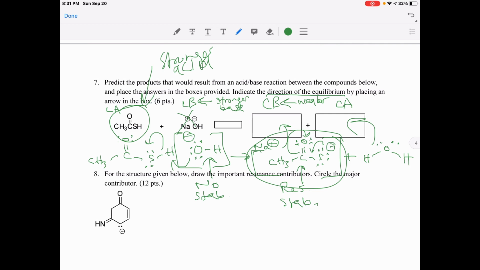So by using that principle, we also find that this is the weaker acid, and hence the direction of the equilibrium is to the right, since both of those are weaker.